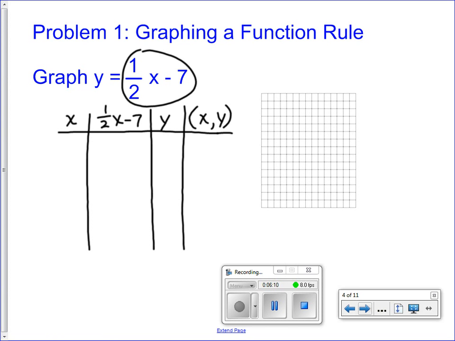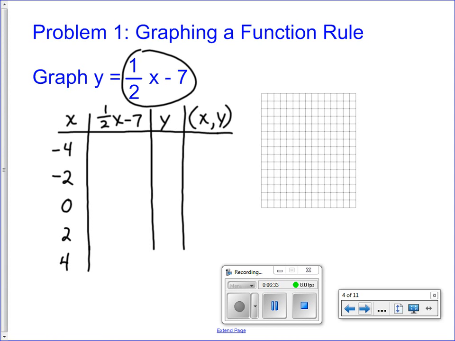I'm going to choose some different ones than we had before, and the main reason is I noticed that I'm taking 1/2 of x. It'll be easy to take 1/2 of x if I choose even numbers. So I'm going to choose -4, -2, 0, 2, and 4.